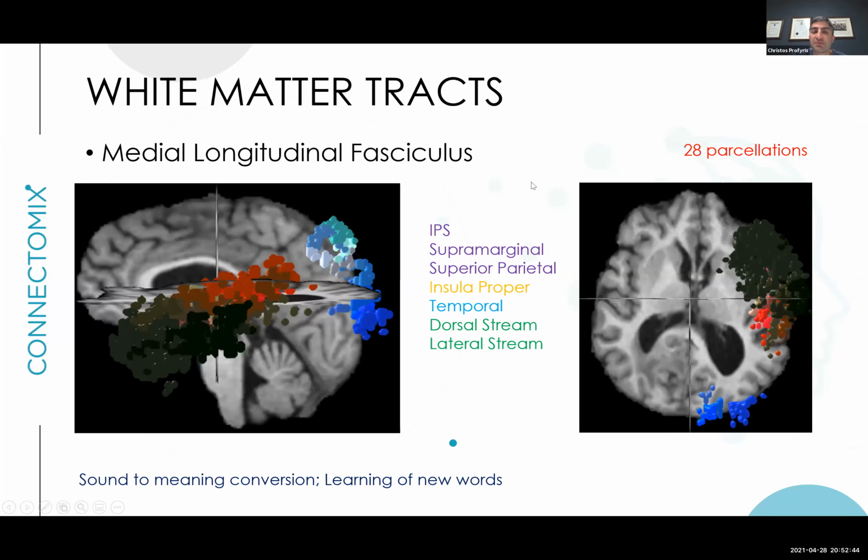This one has 28 parcellations, and we can see here the occipital areas and the temporal areas it connects. It's actually a pretty small tract, which was discovered in the 80s. Not much is known about it, but some studies suggest that it leads to converting a sound to actual meaning in our brain, and is also potentially responsible for us learning new words.